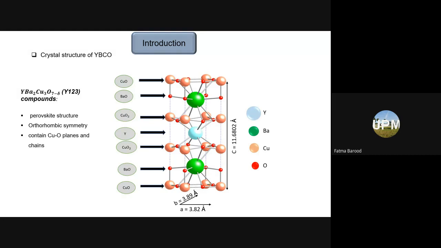The planes are made up of an oxygen-bridged square lattice of copper atoms parallel to the CuO chains, while the barium atoms are arranged between the chains and planes. The superconductivity in this compound originates from the copper oxygen planes.